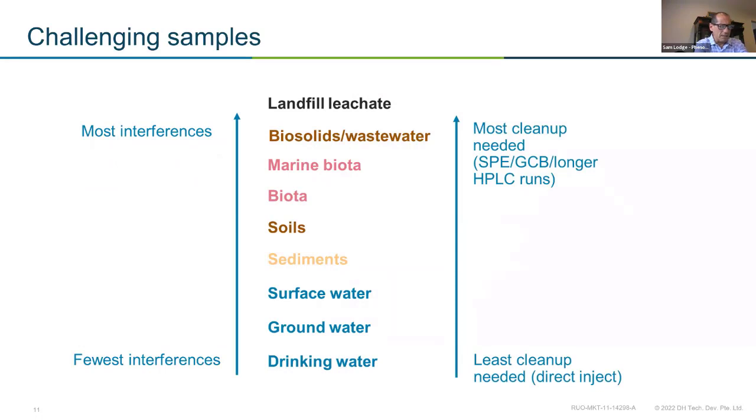So PFAS, because it's found all over the planet, is going to be found in a lot of different matrices. It's very mobile within the ecosystem. And because there are a couple of major sources, you're going to understand why you're looking at all these different matrices. Obviously, drinking water from a human health standpoint is the most important.